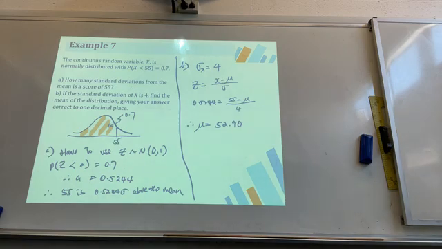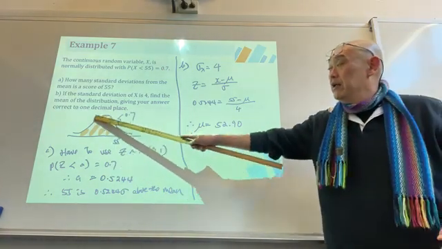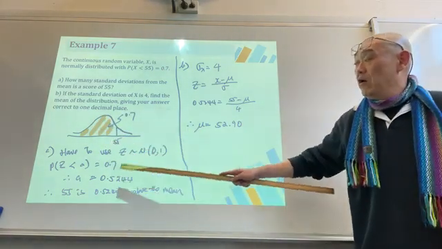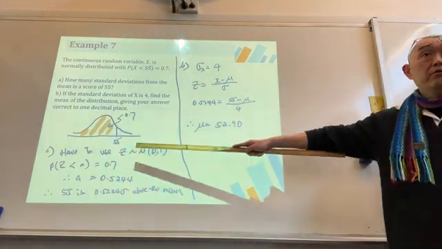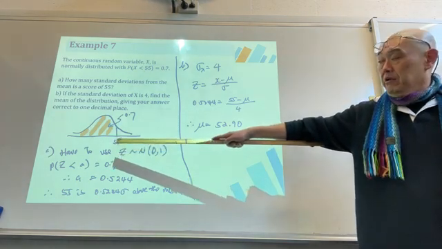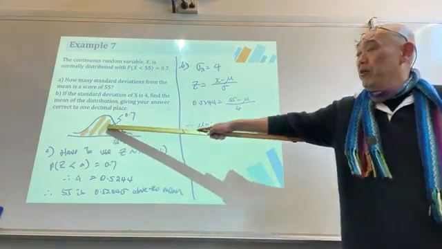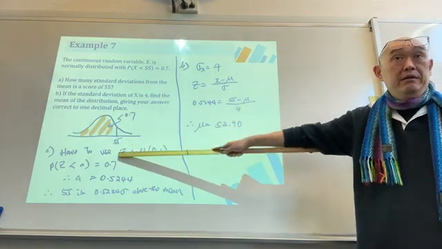So you know that 55, using your idea of standard score, anything below 0.7, you can work out how many standard deviations away it is from the mean.